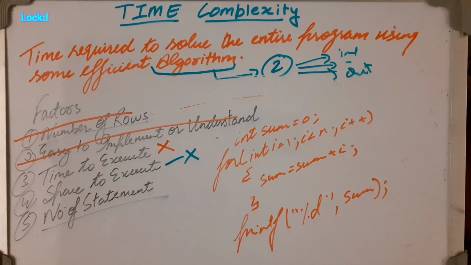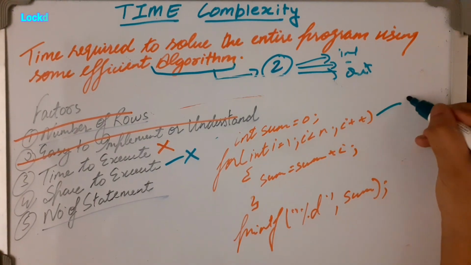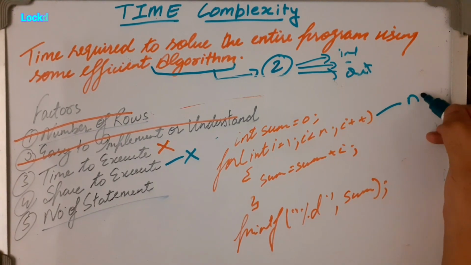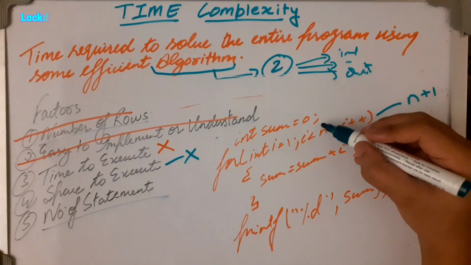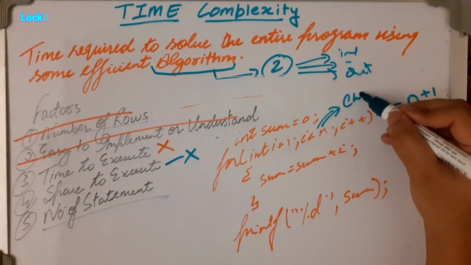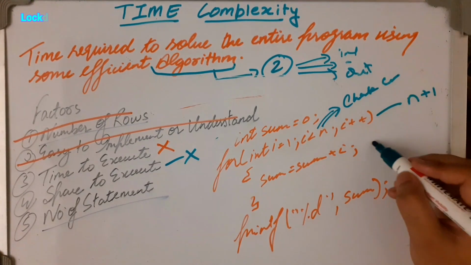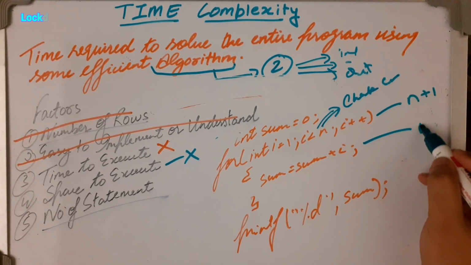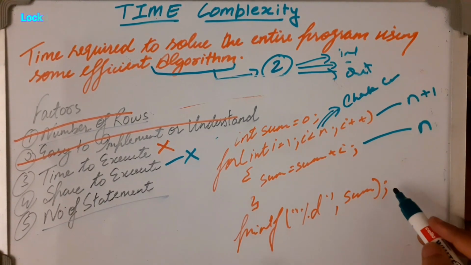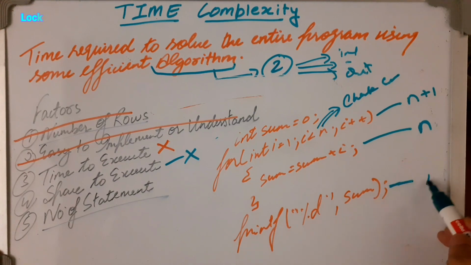So let us see the time complexity. How many times will this loop run? According to you it is n, but that's wrong. It will run n plus 1 times, because it will also check the condition one more time. The body runs n times, and this one runs 1 time.